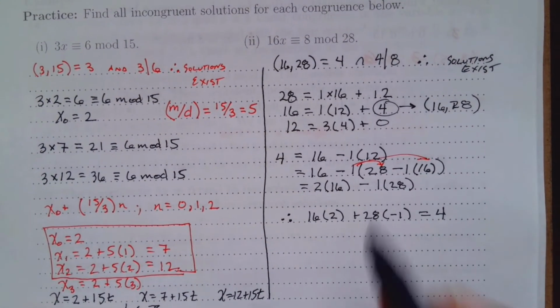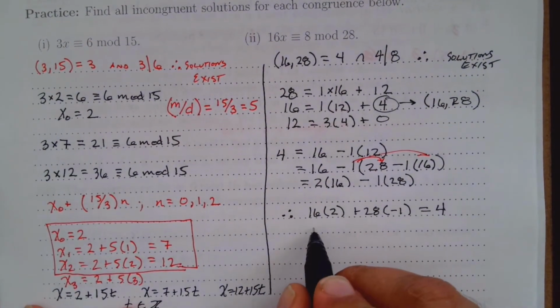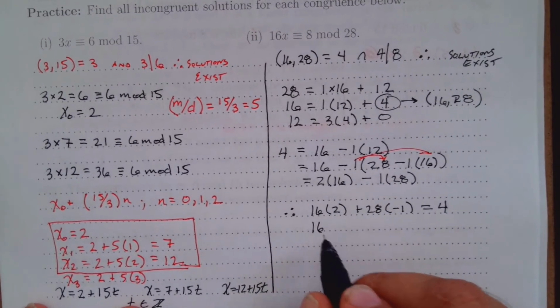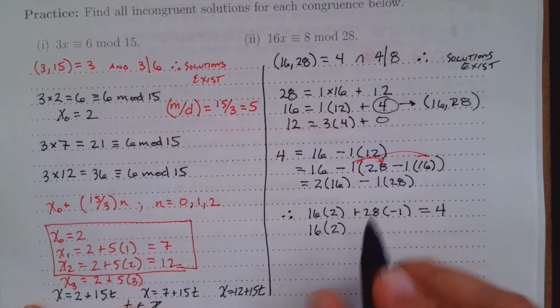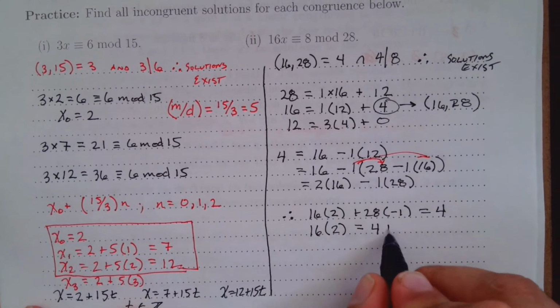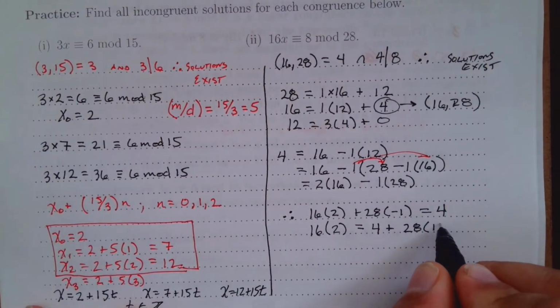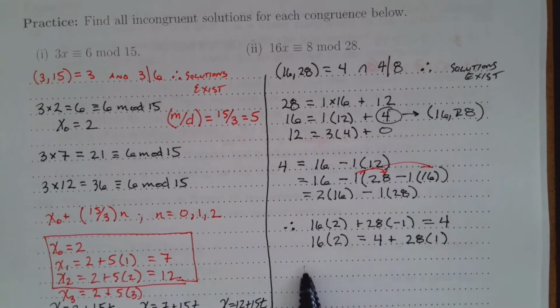What does that mean? I can think about this as 16 times 2 being equal to 4 plus 28 times 1.